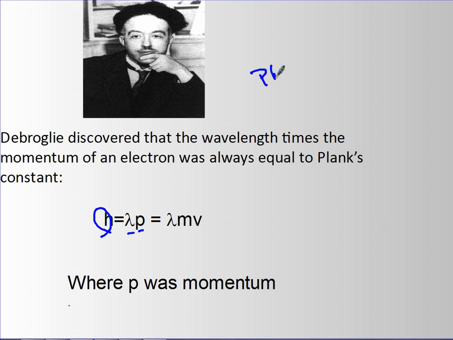Photons have no mass. But energy and mass are related. That was Einstein's postulate. So if I have the wavelength, I can find the momentum of a particle because that product is just equal to Planck's constant.